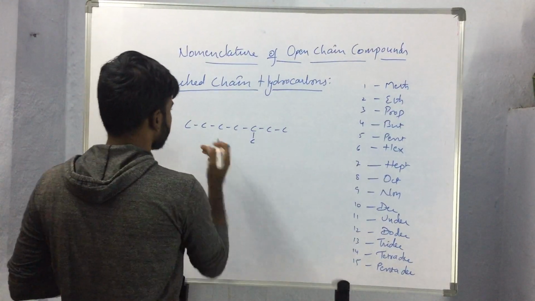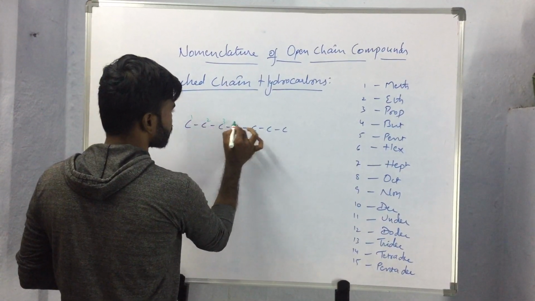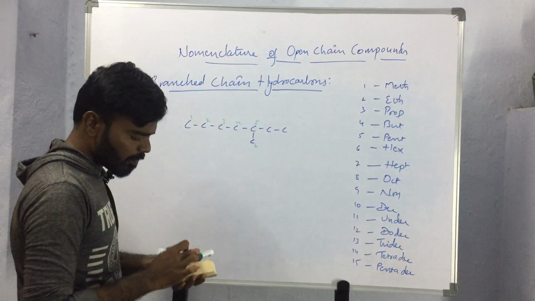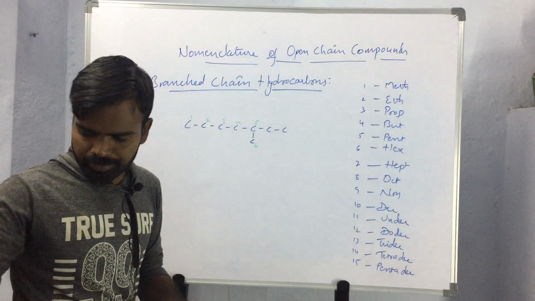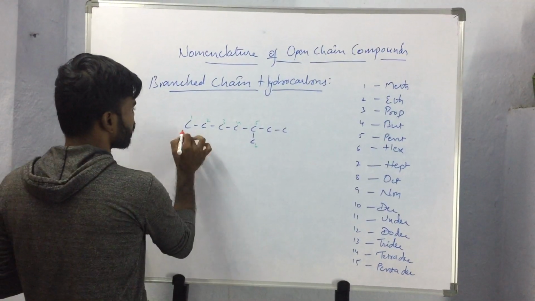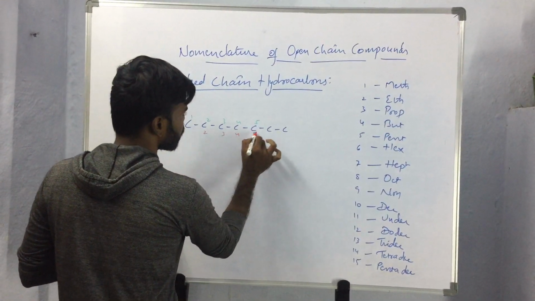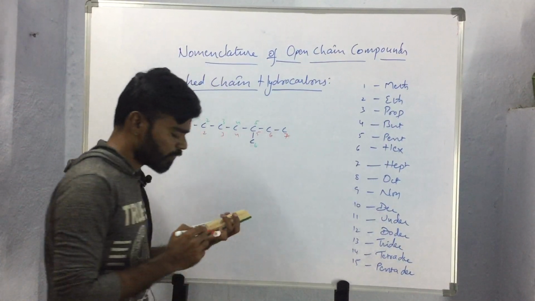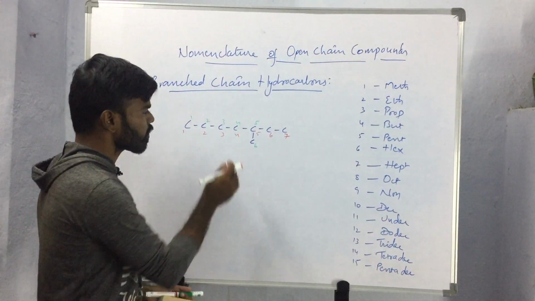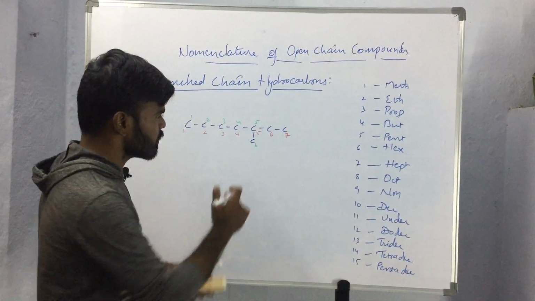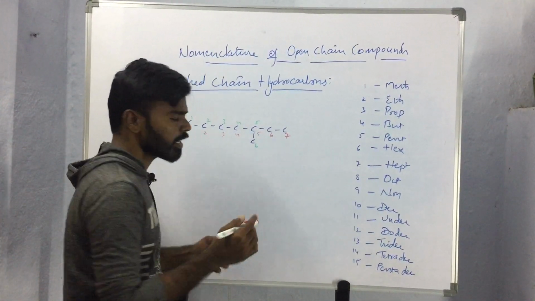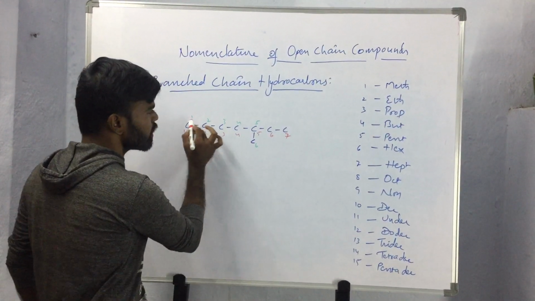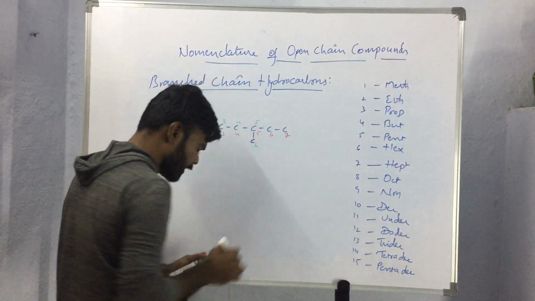The first possibility is like this, then the other possibility is like this. First we select a parent chain, then the remaining substituent is called the side chain. Here we have two possibilities.